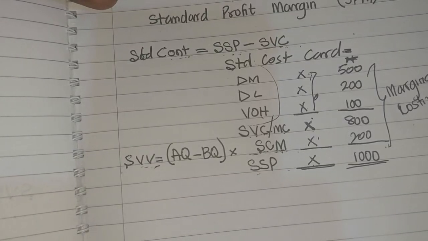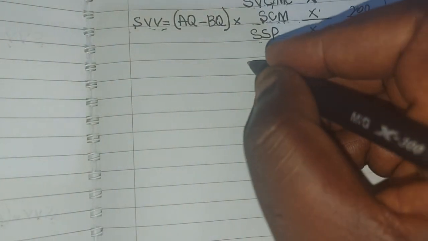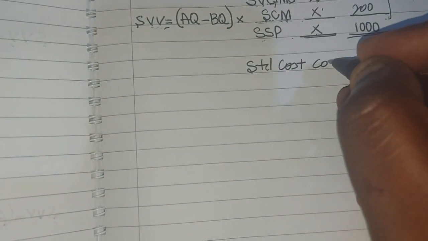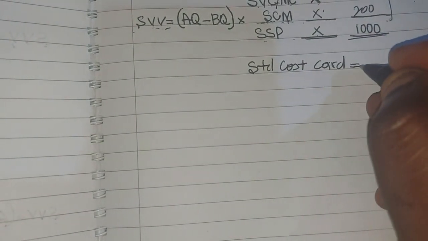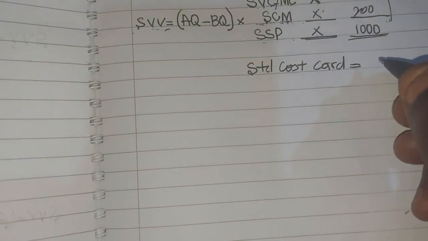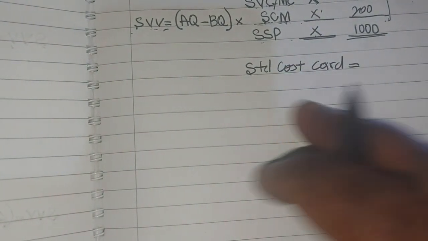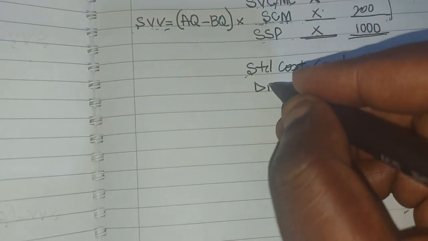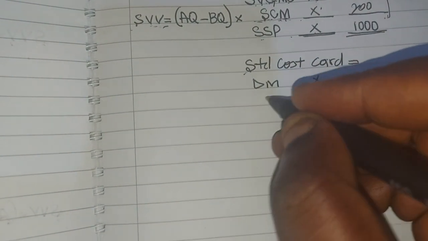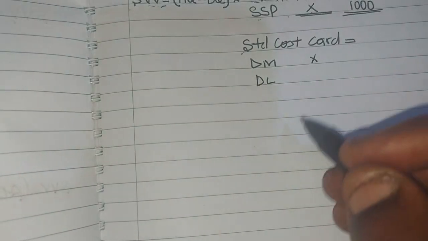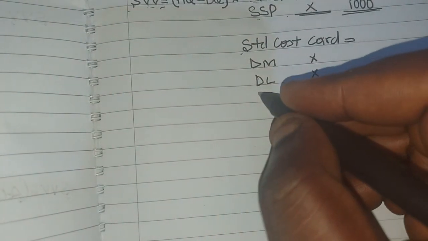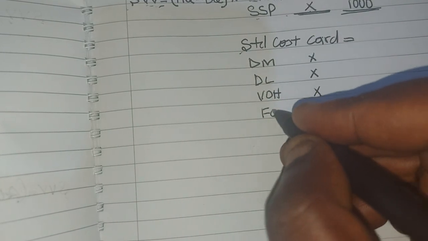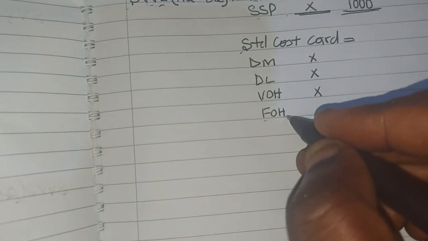If, however, you have a standard cost card, don't forget, the standard cost card shows the estimated production cost per unit. Supposing you have direct material, direct labor, variable overhead, then here you have fixed overhead.